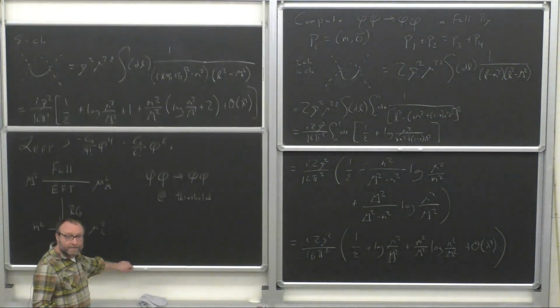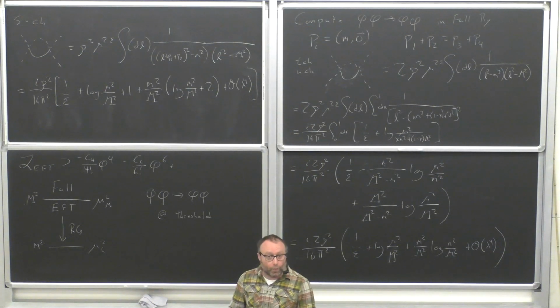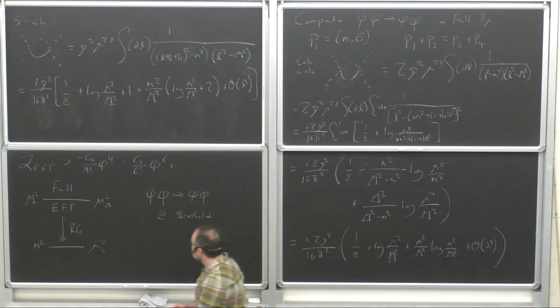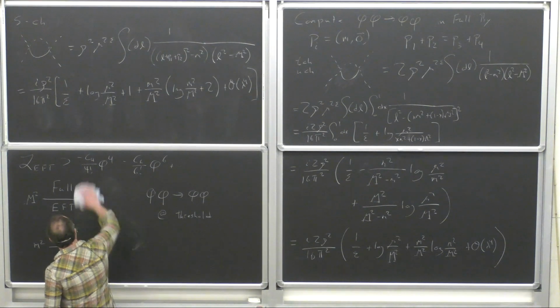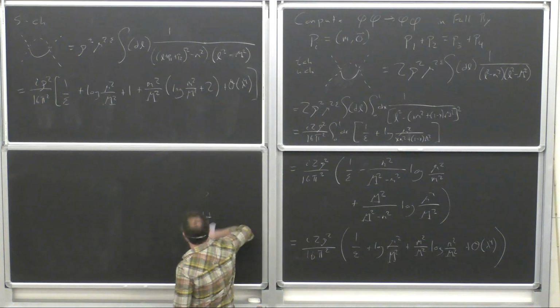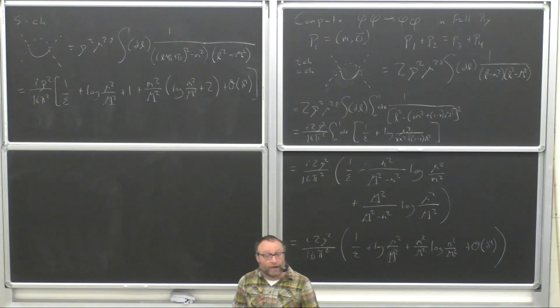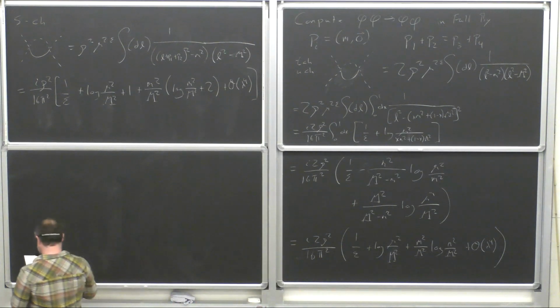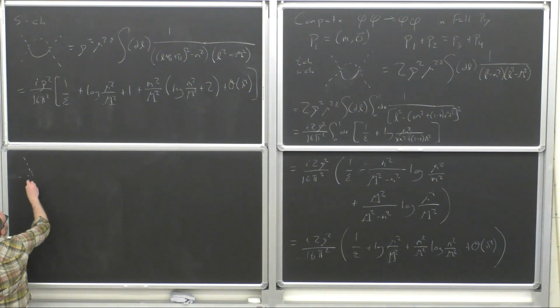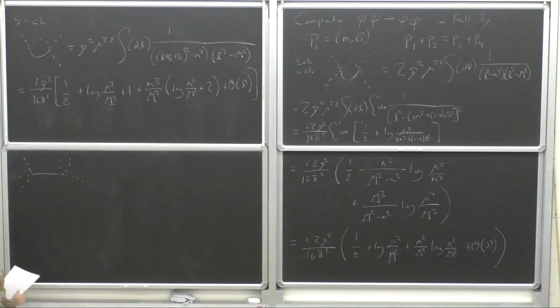But when you're doing EFT, when you're doing the matching, you want to focus on one particle irreducible diagrams, but the difference is that you want the one light particle irreducible diagrams. You still can have contributions in the matching where you have internal heavy lines. So in particular, there's a set of diagrams like this, which you have to include, okay? And when you do this, then the matching works, okay?